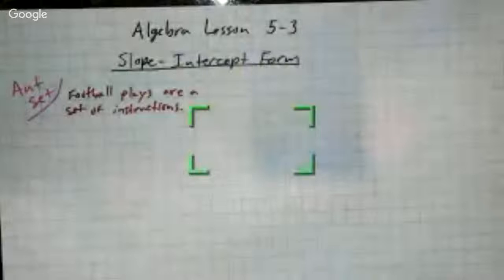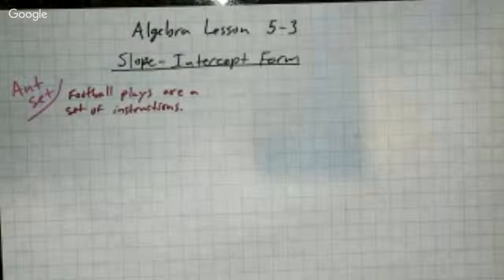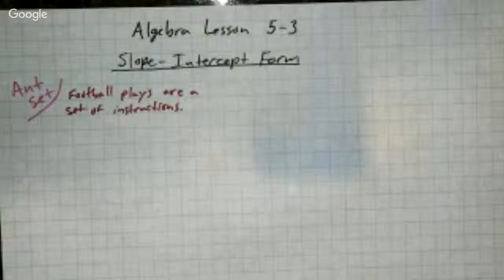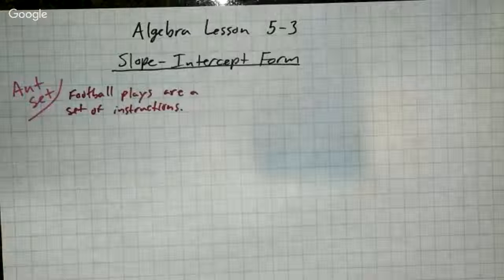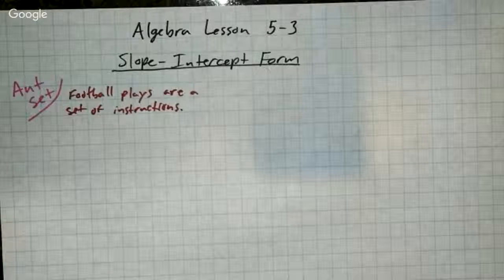So, football is a game where you take 11 people and you try to score at the end zone, which is 100 yards away from your end zone. So you're trying to make your way down the field while another team is trying to stop you. So in football, each time you want to get some yards, you call a play, which is a set of instructions.